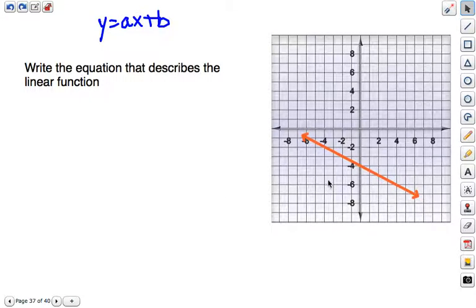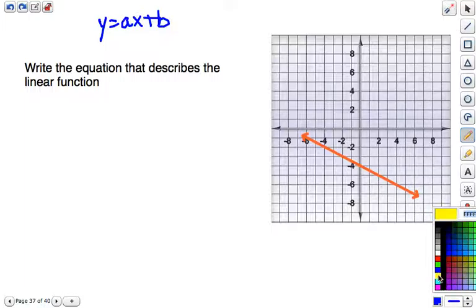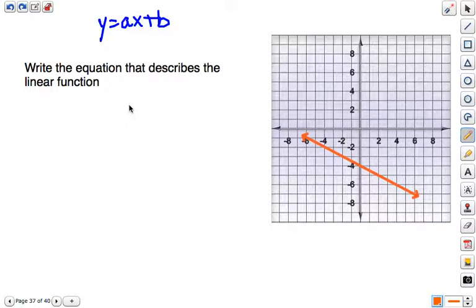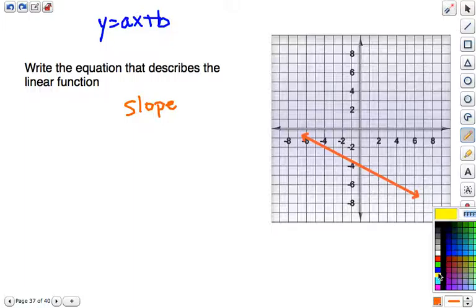All right, another one. Again, we're using that y equals ax plus b slope-intercept form. So we know that there's a couple things we need. We need our slope. And we're going to find that by selecting 2 points on the line.